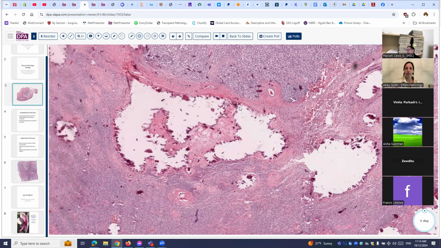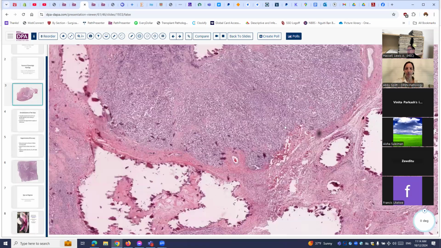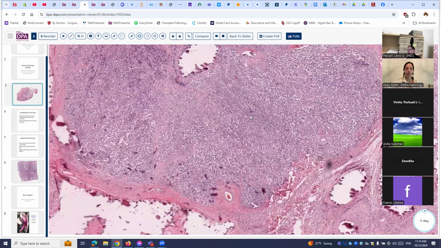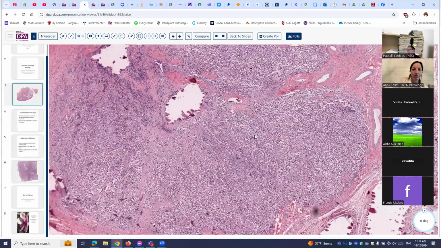Aisha, you're muted. We can't hear you. Sorry. I see a solid type of lesion with adjacent calcification. I couldn't appreciate the nuclear details of the solid component.